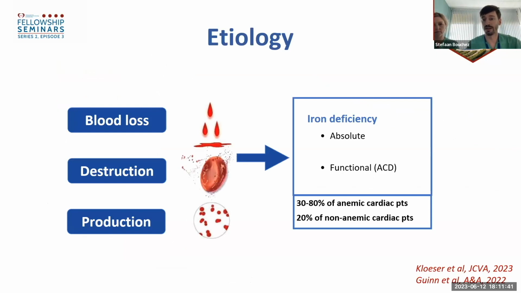Absolute with depleted iron stores, or functional where the iron stores are good, but the mobilization is insufficient. So we can say that there's iron deficiency in 30 to 80% of anemic cardiac patients, which is a lot. And also in non-anemic cardiac patients, 20% are iron deficient.